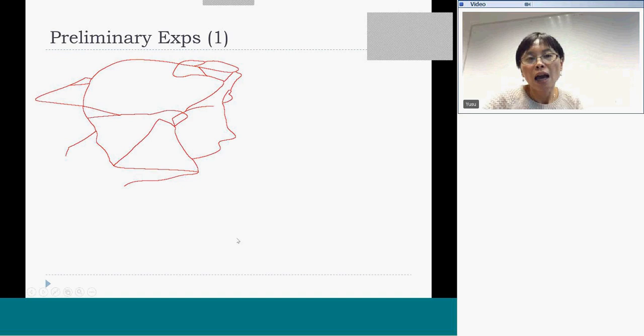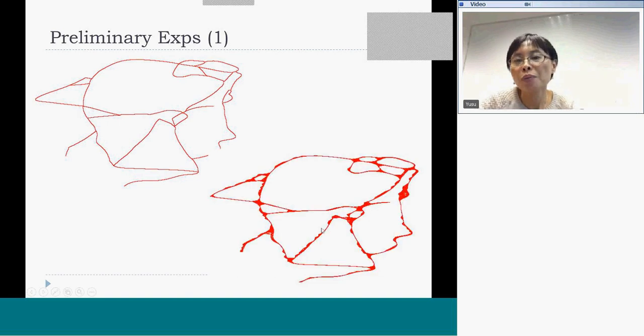I will also show you a couple of preliminary experimental results. In the first experiment, I just want to see the stability of this persistence-distortion distance. We take a graph, sample a lot of points from it, and perturb it. We get another graph.